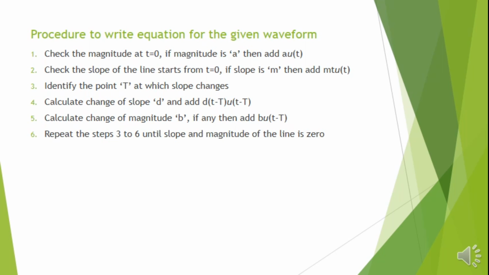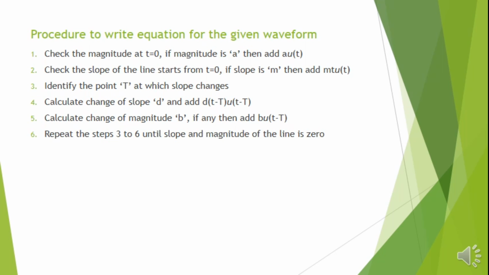Now, for any waveform given, how to write the equation? These are some of the steps which I framed. First, check the magnitude at t equal to 0. At t equal to 0, what is the magnitude? If the magnitude is a, then add a u of t.